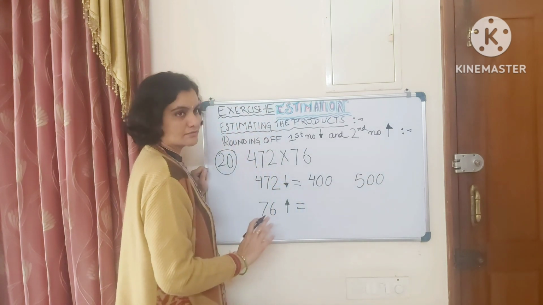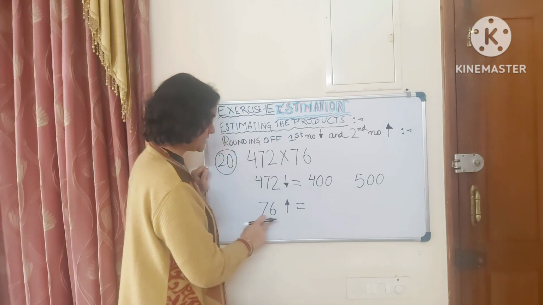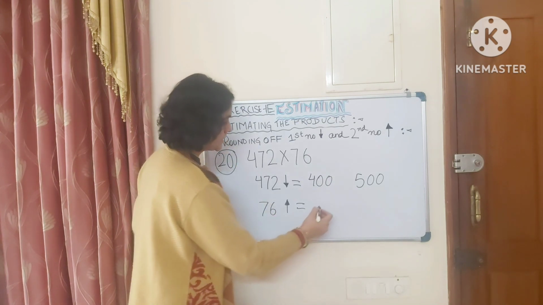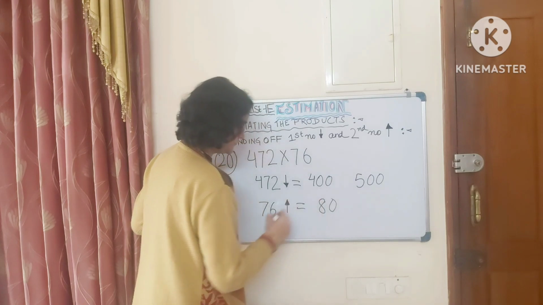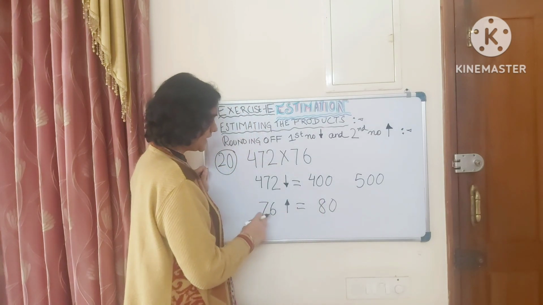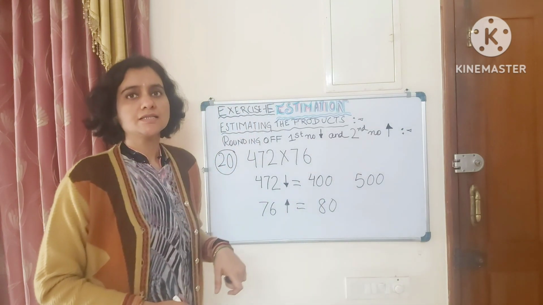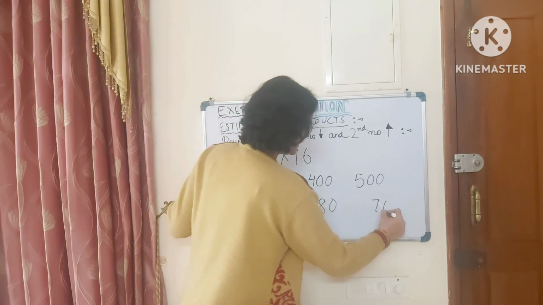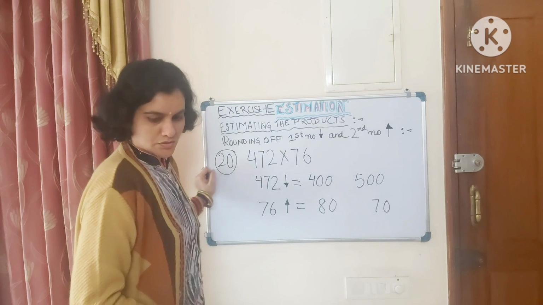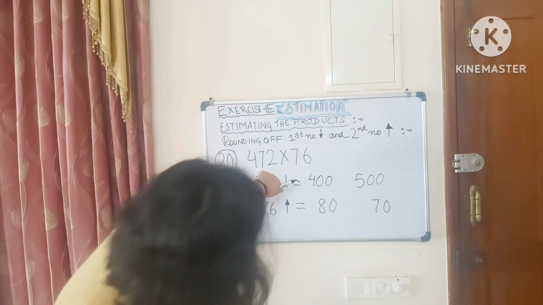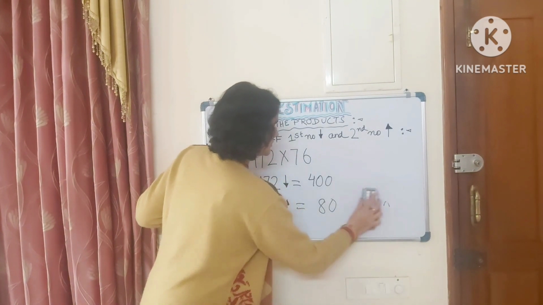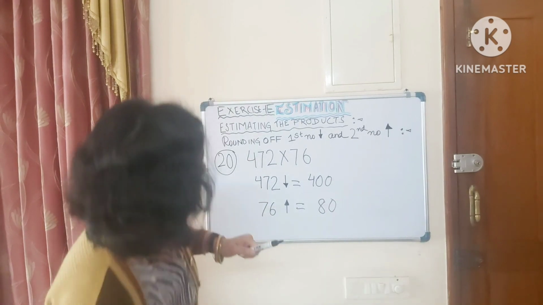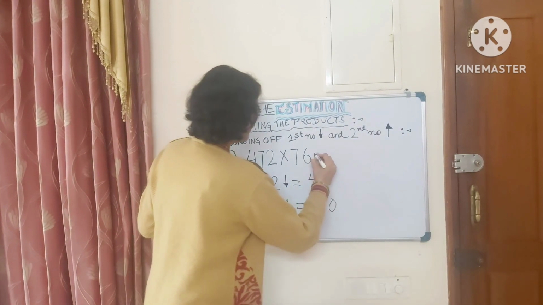Just writing for clarification. 76, if I have to round upwards, it will become 80. If the question had asked us to estimate it downwards, it would become 70. So here we need to stick to 400 and 80, because the question is asking first number downwards and second number upwards.